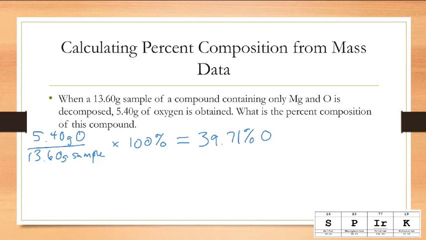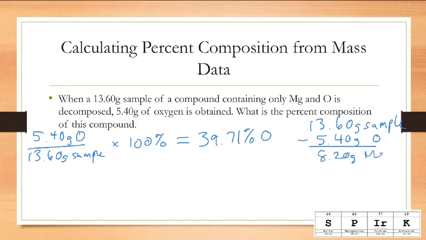Now, we need to figure out the percent by mass of the magnesium, but we don't know how much magnesium we have, but we can solve for that. To solve for how much magnesium we have, we can subtract the amount of oxygen in the sample from the total amount of the sample. So when we subtract these two, we get 8.20 grams of magnesium.